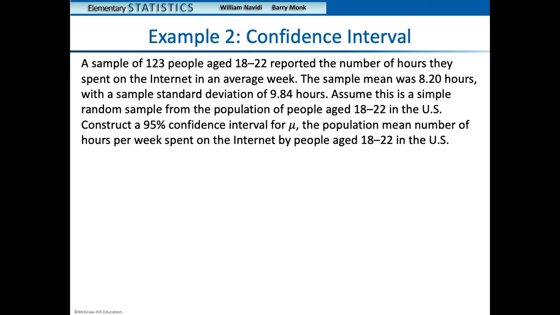So in this example, the sample mean and the sample standard deviation are provided. If we assume this is a simple random sample from the population of all people aged 18 through 22 in the US, we want to construct a 95% confidence interval for mu, the population mean number of hours per week spent on the internet by people aged 18 through 22 in the US.